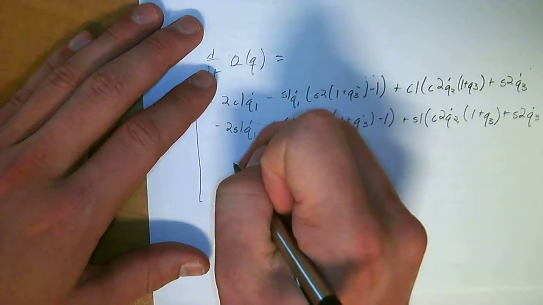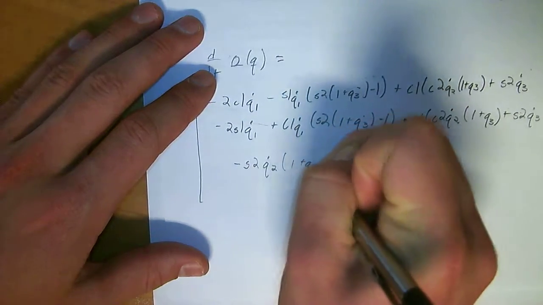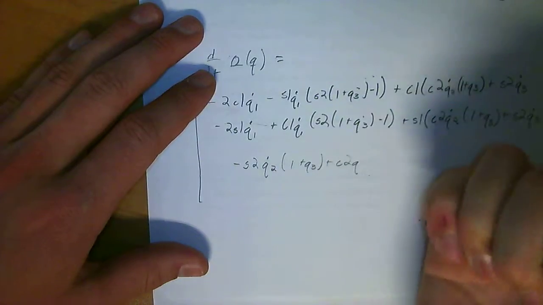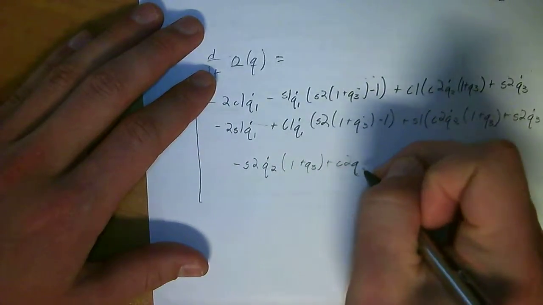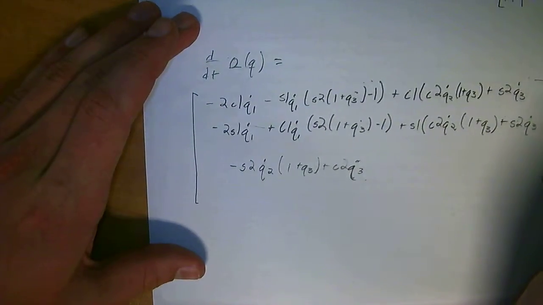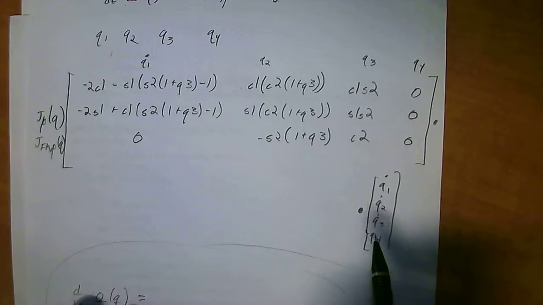Then we have negative sine 2 Q2 dot of 1 plus Q3 plus cosine of 2 Q3 dot. And that is your complete analytic Jacobian. That's your final answer right there, or this could be your final answer up here.